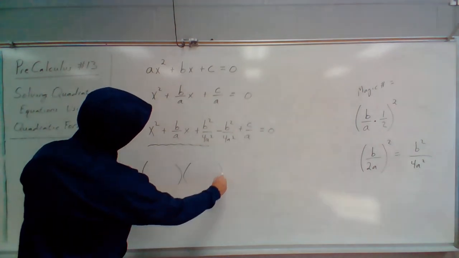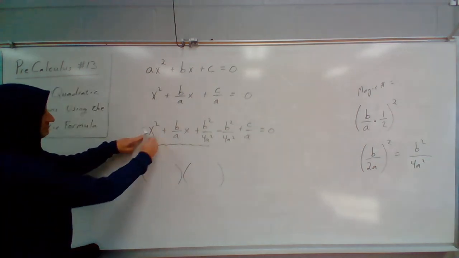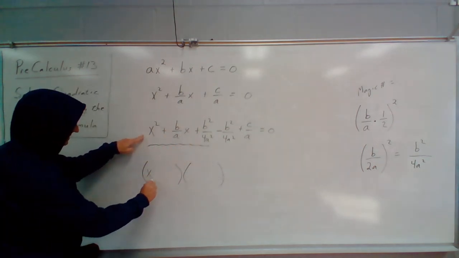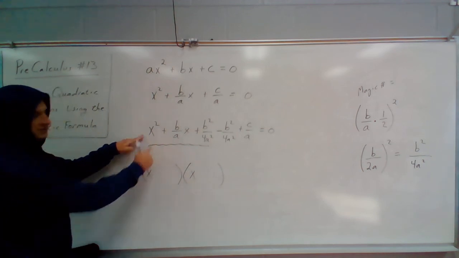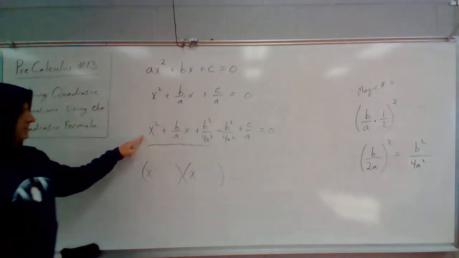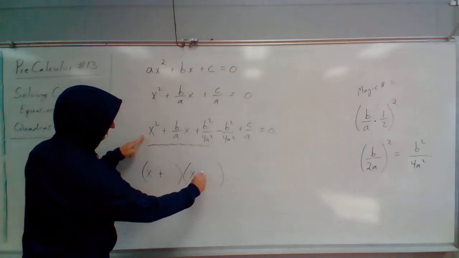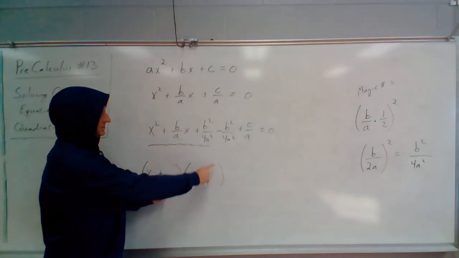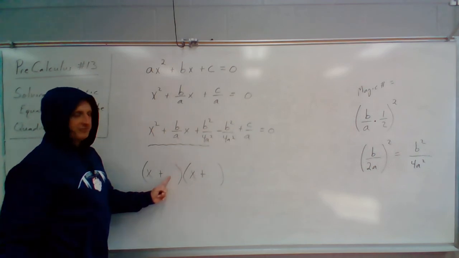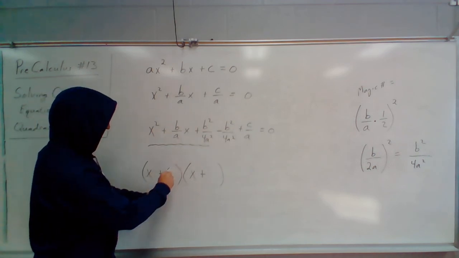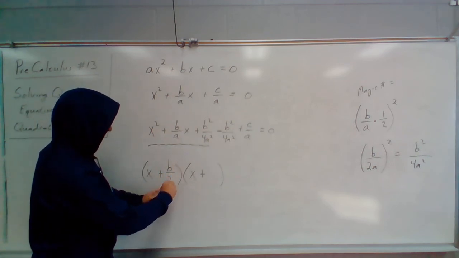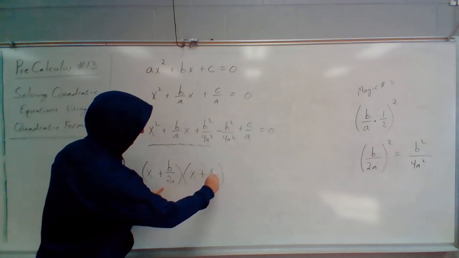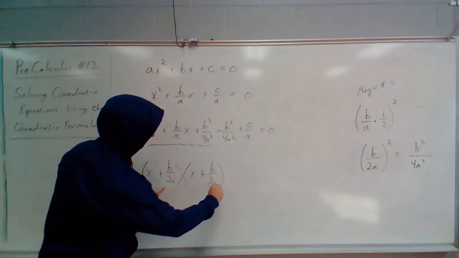So we'll do this really carefully. Okay, if I'm going to factor these first 3 terms, I'll need an x and an x. That'll give me x squared plus. So what do I need here and here to multiply to get b squared over 4a squared? Well, that would be b over 2a and b over 2a.